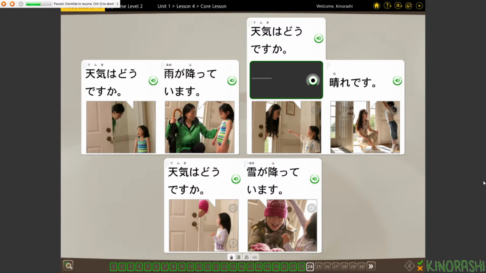Tenki wa dou desu ka? Oh, tenki. Yes, weather, that's right. Yeah, I'm sure of it now. I don't think I've ever gone this far in this program before. Ame ga futte imasu.